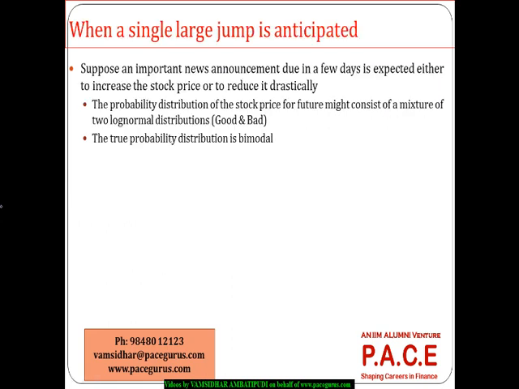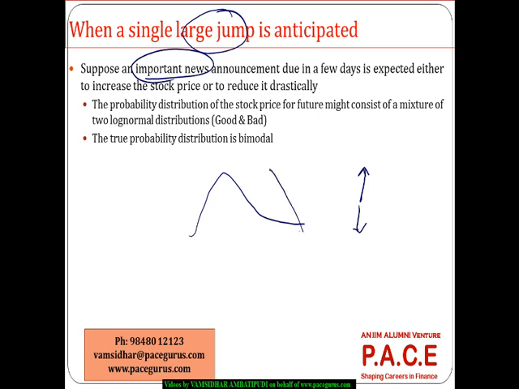And then another question: in case there is a single large jump which comes with some important news announcement, which can either increase the stock price or decrease it drastically. In that case, we always talk about two probability distributions. For good news, we talk about one probability distribution.